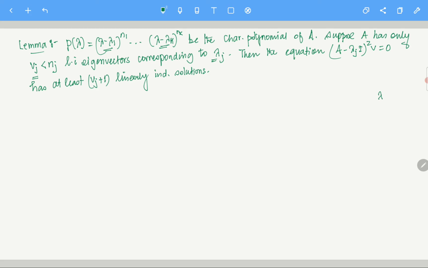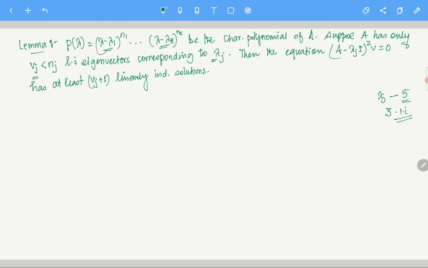So think about this. Let's say lambda j is some eigenvalue whose multiplicity is, let's say, 5, for some huge, say 10 cross 10 matrix. So the multiplicity of lambda j is 5. Now let's say the number of linearly independent eigenvectors you are going to get is 3.